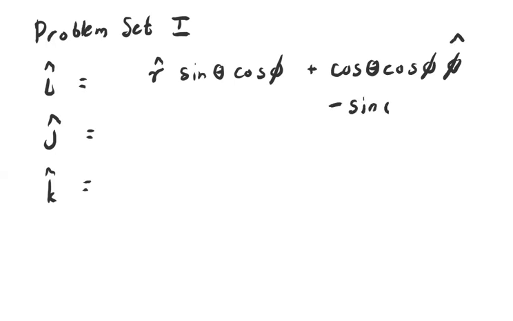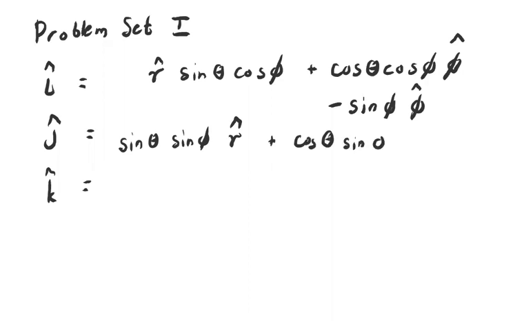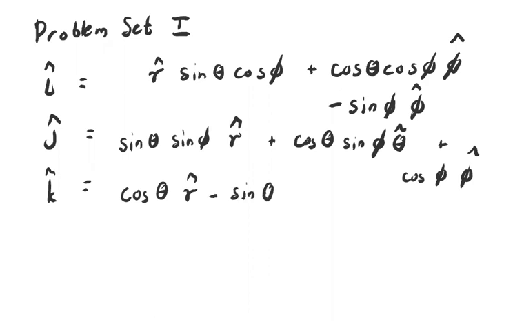So that's i hat. j hat is sine theta sine phi r hat plus cosine theta sine phi theta hat plus cosine phi phi hat. And k hat is cosine theta r hat minus sine theta theta hat. And so you need to check this from problem set 1. It's just some algebra, but it's pretty straightforward.